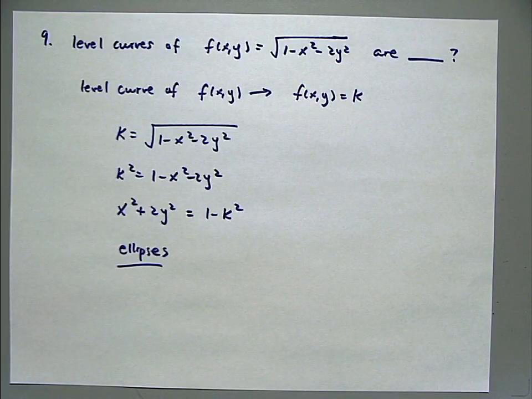Okay, so let's figure out what we're dealing with here. We need to know that normal vector. We have to know which way it's going to point. So first of all, let's start with a cylinder here. It's a cylinder of radius 3, and this thing goes up and down.